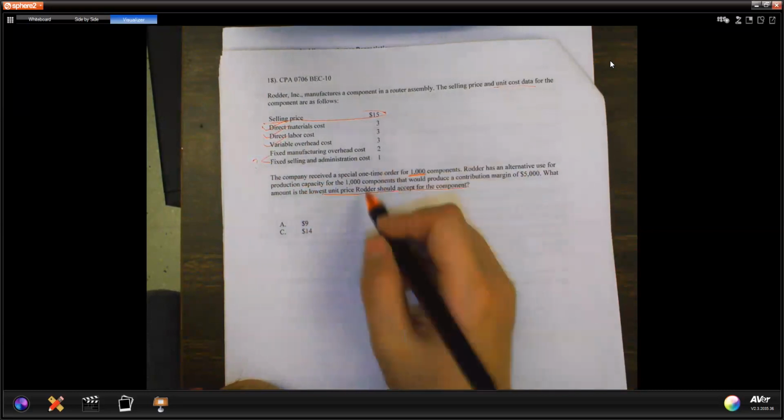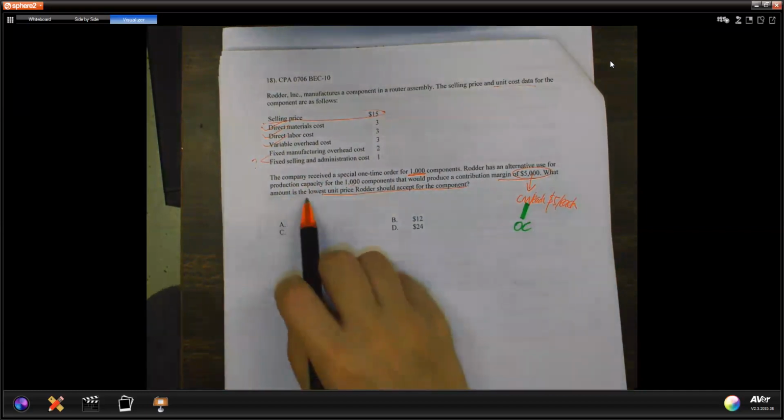The company receives a special order for 1,000 units. You have an alternative use for that capacity that could produce a contribution margin of 5,000, right? So your contribution margin for 1,000 units is 5,000. So for each one, then it's $5 each.